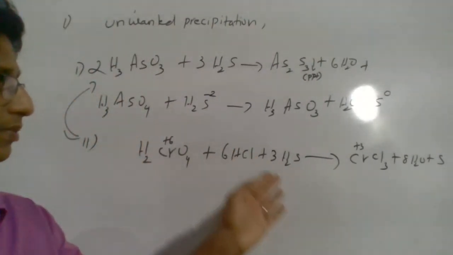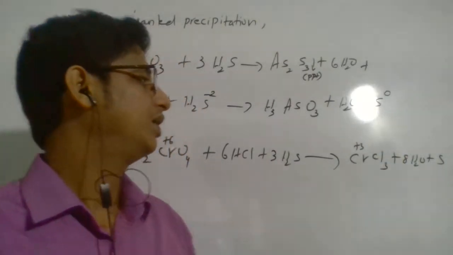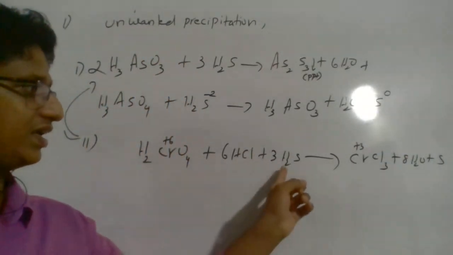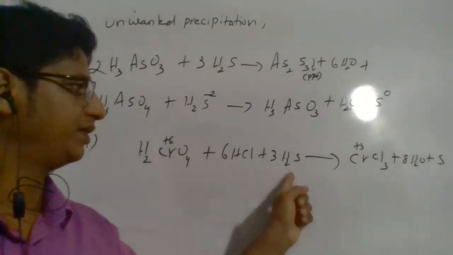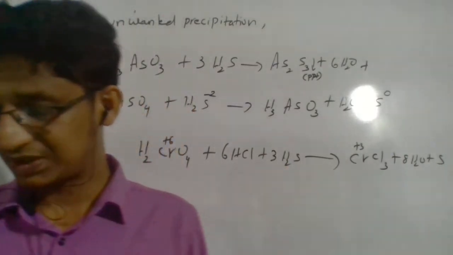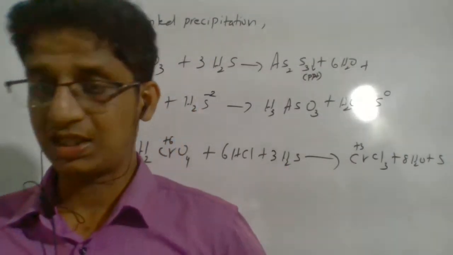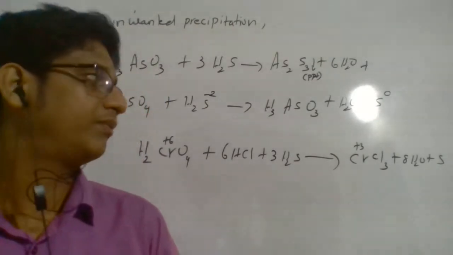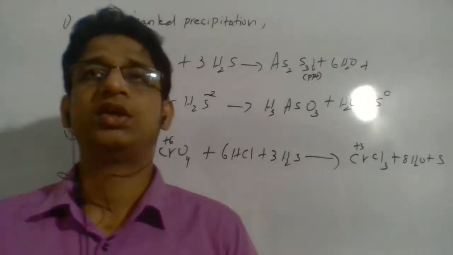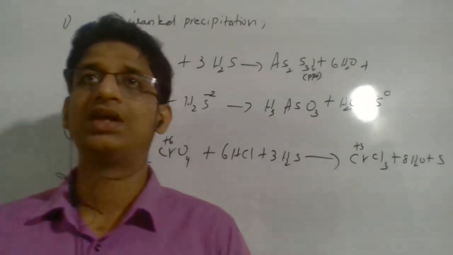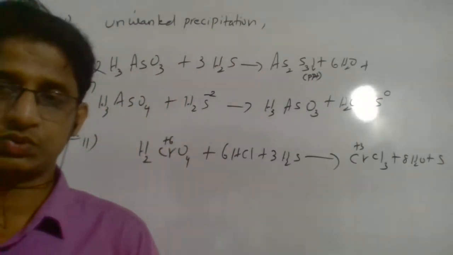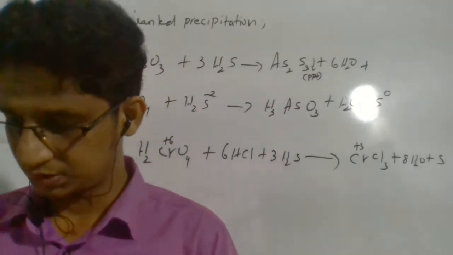It forms chromium 3 chloride, where it utilizes the hydrogen sulfide present in the medium, which is converted into sulfur. So that's the problem with the chromate. So this will cause interference in group 2 cation analysis, because we know hydrogen sulfide is one of the reagents of group 2. So definitely it causes interference.